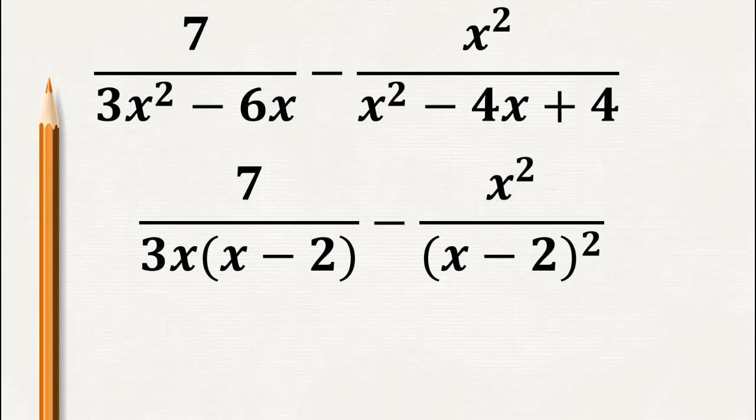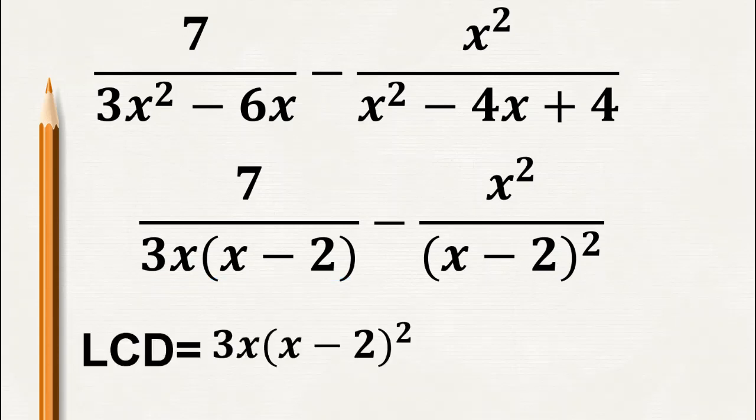Observe our denominators. The factors in the denominators are 3, x, and x minus 2. List the highest powers of each of these factors. So we have 3x times the square of x minus 2 as our LCD.